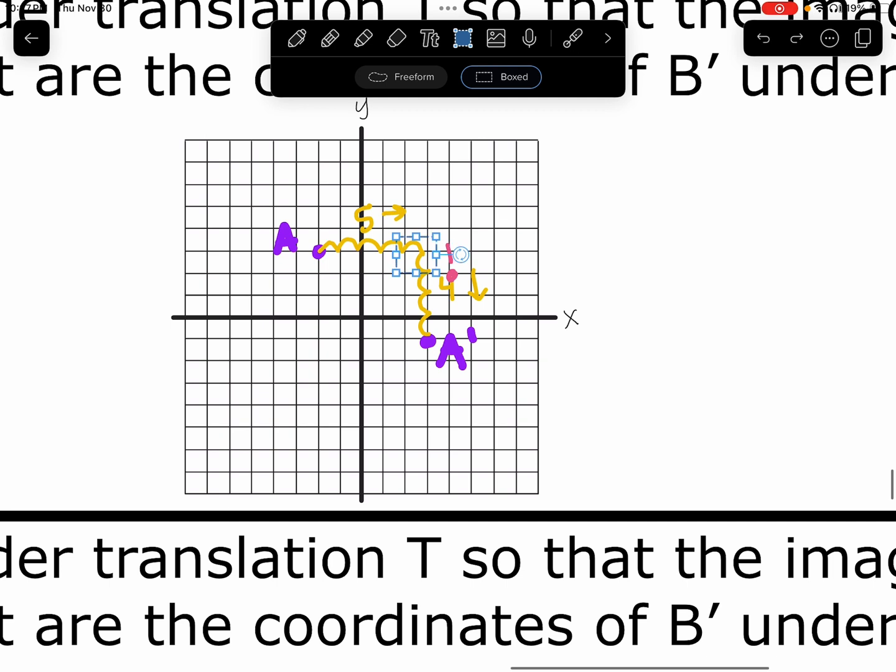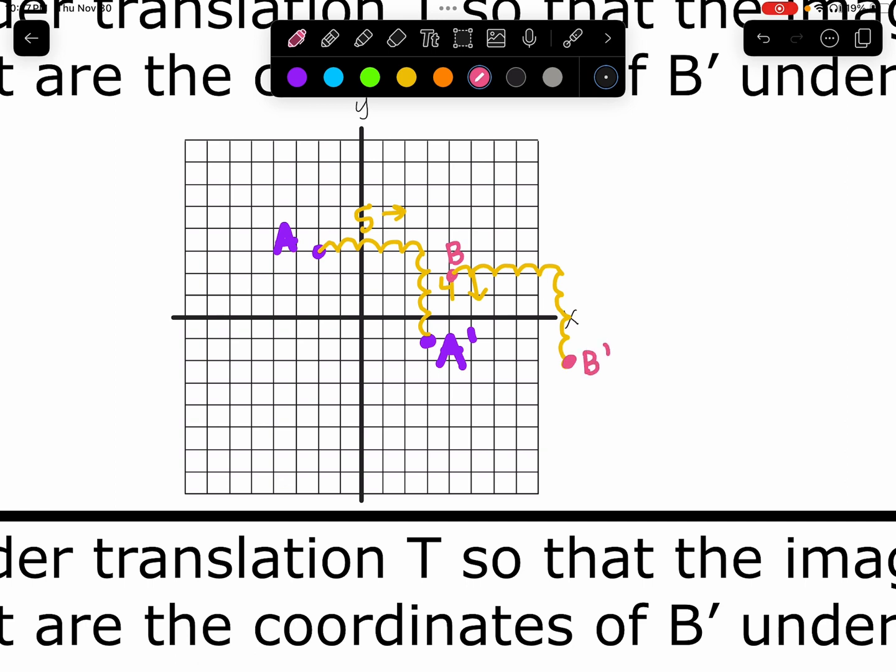Okay, never mind. I thought that was going to work. Okay, no worries. We're just going to travel the same amount. So 5 to the right, and 1, 2, 3, 4 down. So that's new B, or B prime.